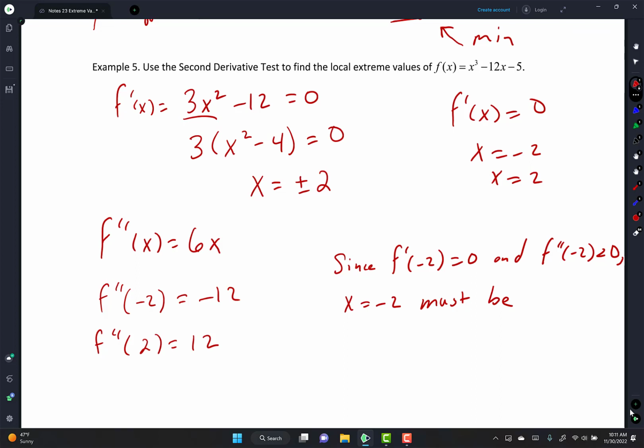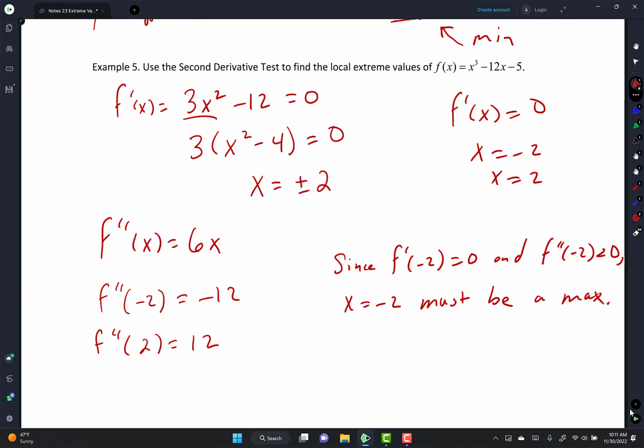Visualize in your head, I have a horizontal tangent and I am concave down. If you have a horizontal tangent and concave down, it must be a max. Do you guys see that visually in your head? Yes. Okay. X equals negative 2 must be a max, period.